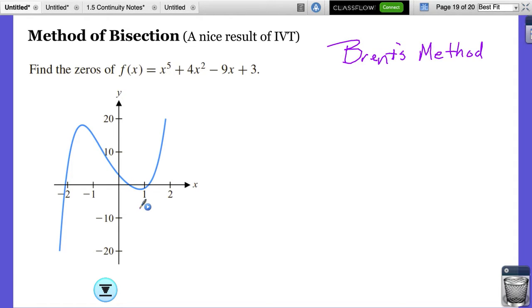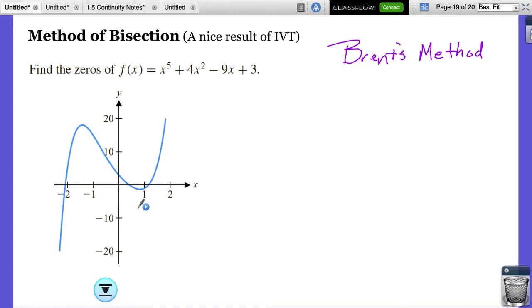By intermediate value theorem, I know something has to happen between those two, right? Then let's bisect that interval and find that y value. If it's positive, then that replaces our positive value. We bisect it again, and we continue bisecting until we get the right answer.